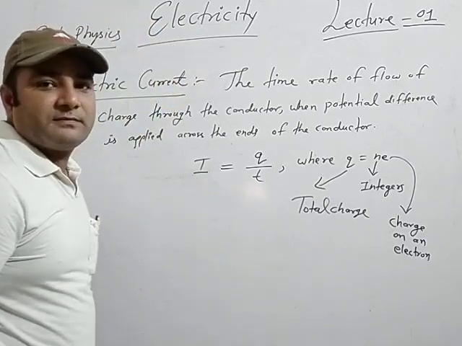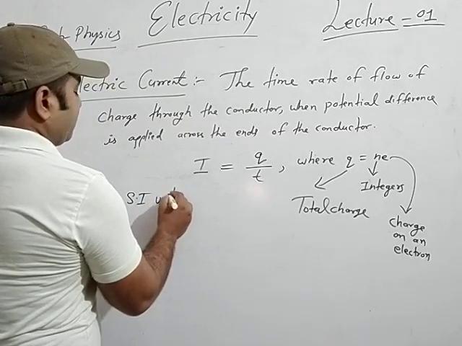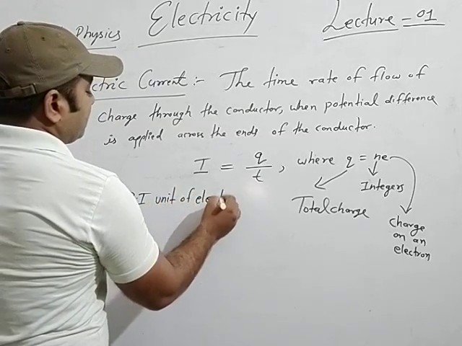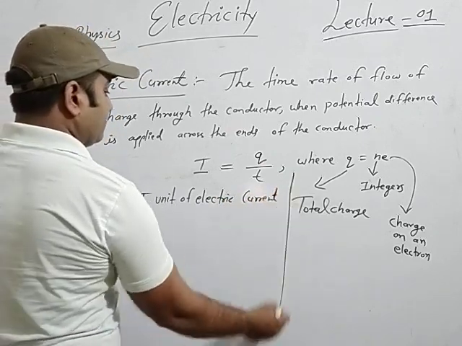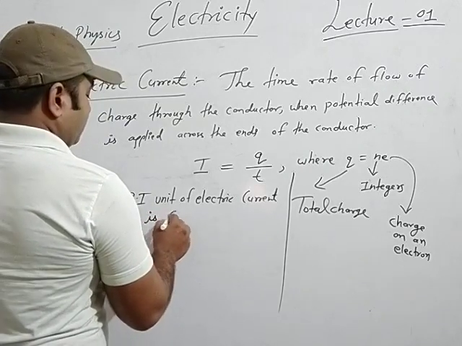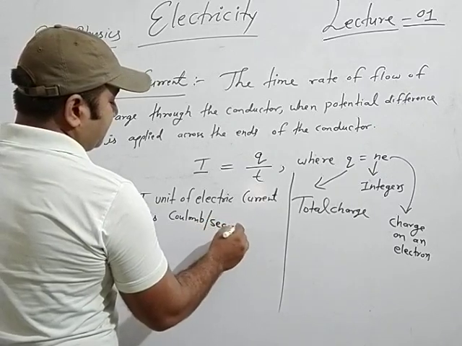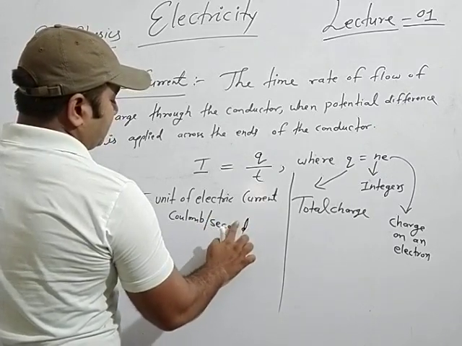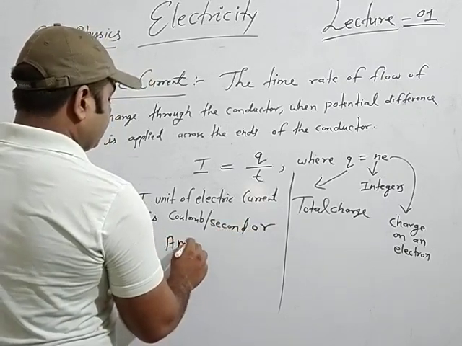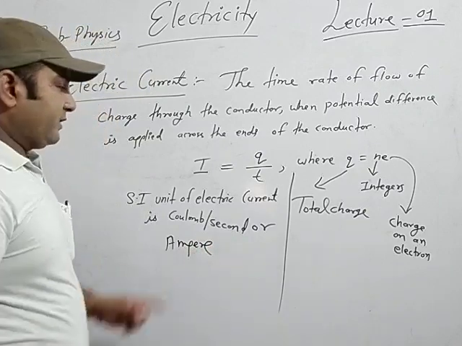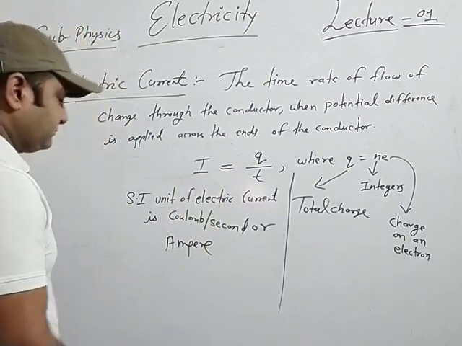Then the SI unit of electric current is coulomb per second or ampere, where 1 ampere is equal to 1 coulomb upon 1 second.